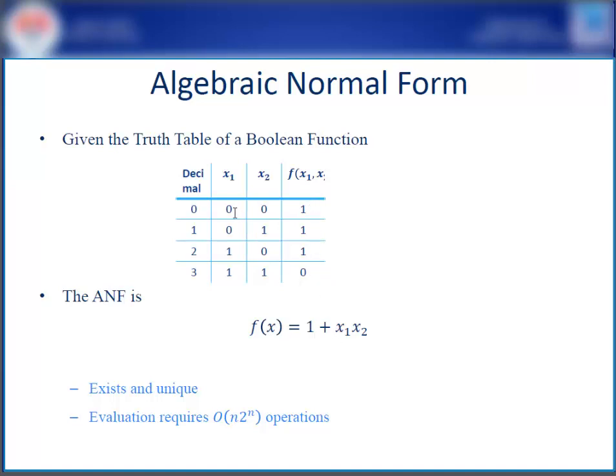For example, let x1 and x2 be 0 and 0 as in the first row of our table. Then the corresponding result is 1.